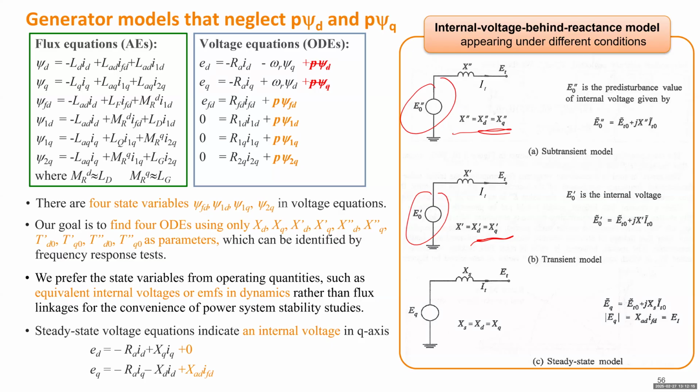All right, so when you focus your dynamic study on a very narrow range of dynamic, let's say I only focus on subtransient dynamics, I can use the first one to connect to the network and do all the calculation. That is actually the model short circuit study people utilize, because short circuit studies only focus on the dynamic within the first maybe 10 or 20 cycles, 0.1 to 0.2 seconds, 100 to 200 milliseconds.